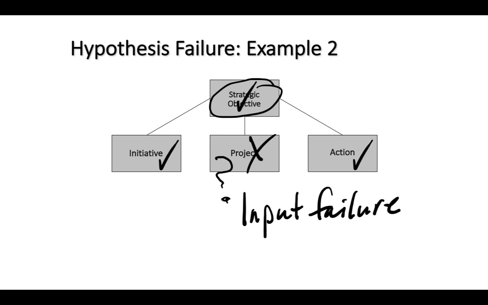The project that was believed to be necessary to accomplish the strategic objective, well, we didn't accomplish it, and yet we accomplished the objective without it. This needs to be investigated as to why the project was believed to be necessary. And in this case, of course, we would want to have a look at the execution of the project itself, because something failed and we want to know what caused it to fail.